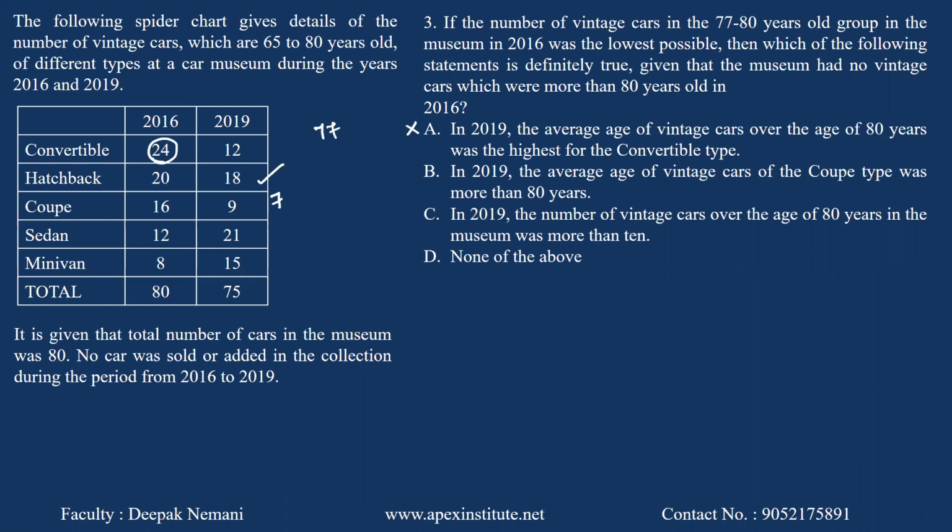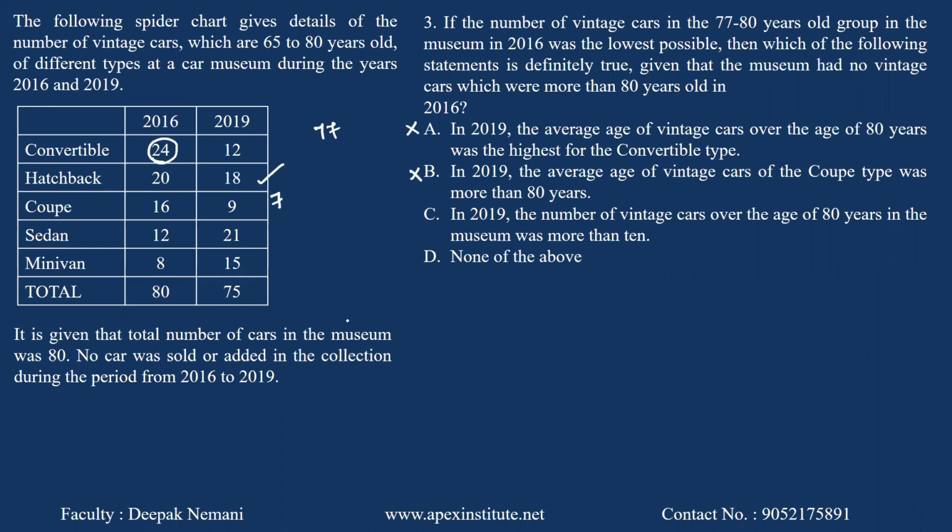In that case, this statement is true. Now, what if the age of these cars was 77 years old in the year 2016? Then they will be exactly 80 years old by the year 2019. So you cannot say that.